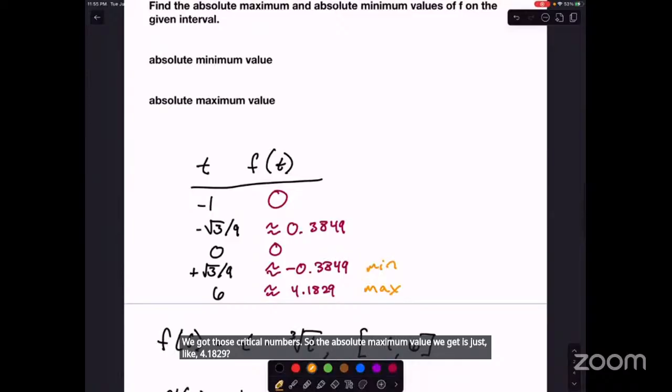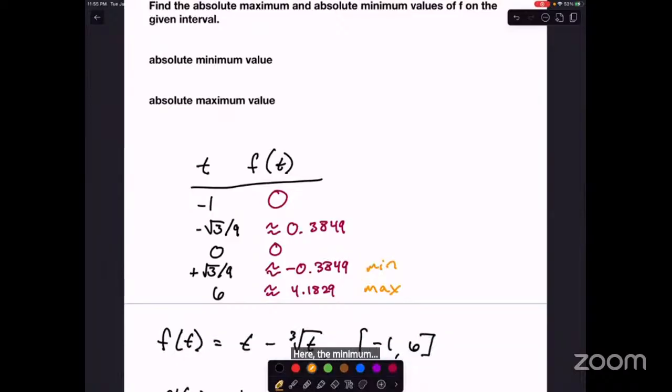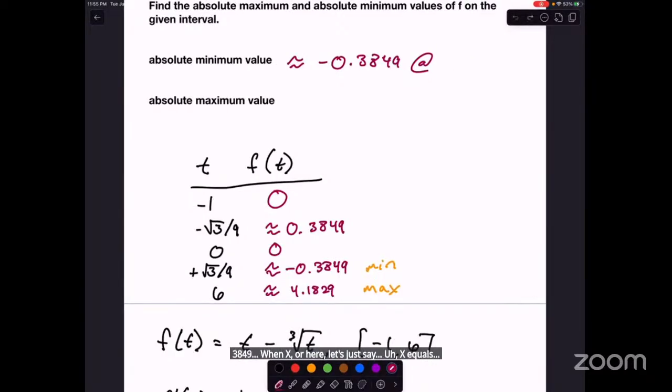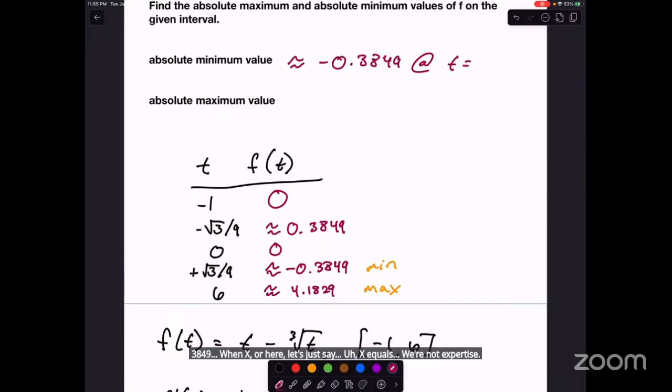Well, here the minimum value that we get is negative 0.3849, and again, this is an approximation, at t equals negative square root of 3 over 9.